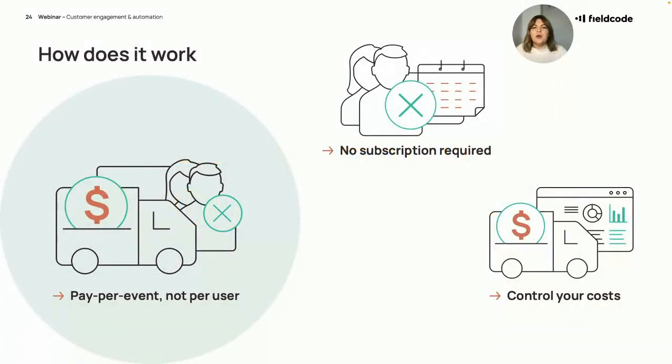I also wanted to close off today's webinar and highlight our pricing model. With FieldCode, you can not only control your processes, but you can also control your costs, because you won't have monthly user-based pricing. We charge per event, and there is no subscription.